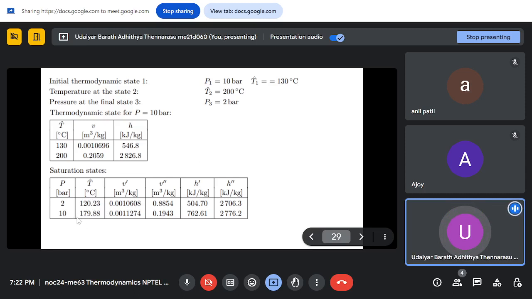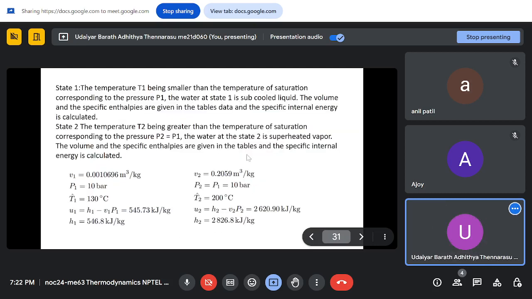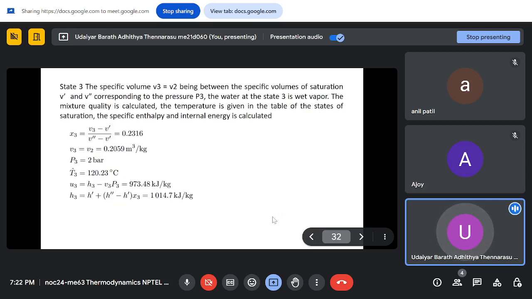So it is in a superheated state, superheated vapor. Correspondingly at 200, your specific volume is 0.2059 and enthalpy is 2826.8. Similarly you can find out internal energy, which is 2620.9 kilojoule per kg. So now state 3, they are saying you are cooling the system at constant volume.